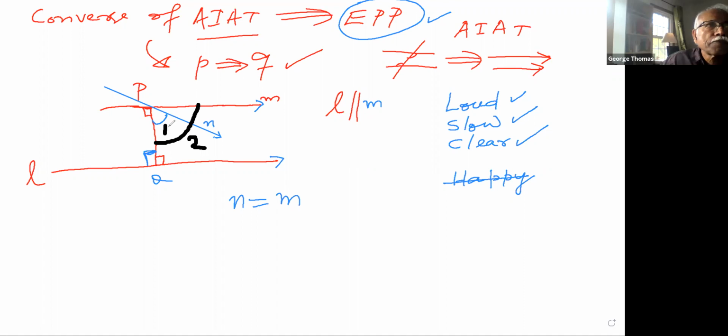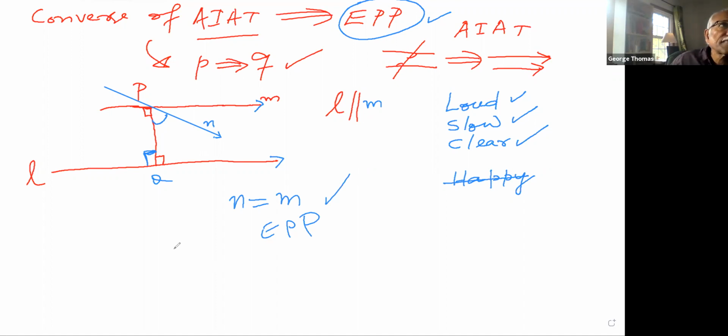But angle 1 has to be equal to this alternate angle, but that is already here. Therefore, because this is 90, this is 90, this being equal to this must also be 90, therefore N equals M, therefore EPP. It is beautiful, isn't it?